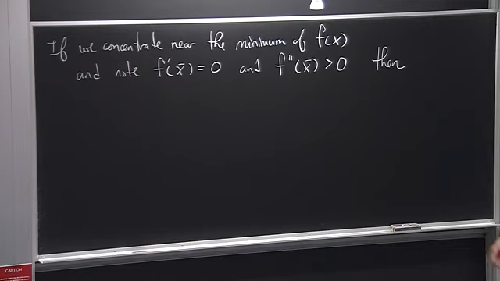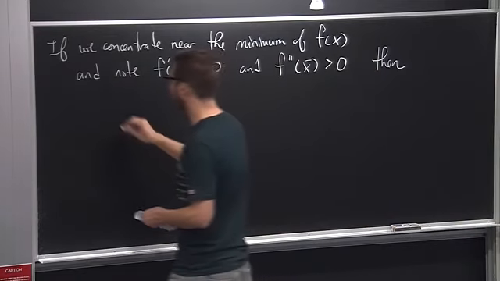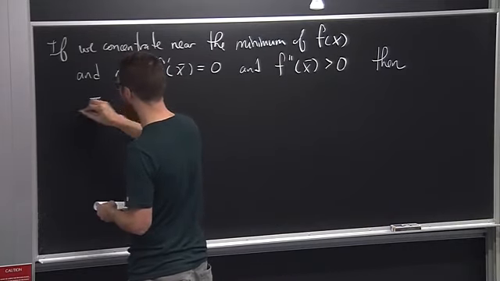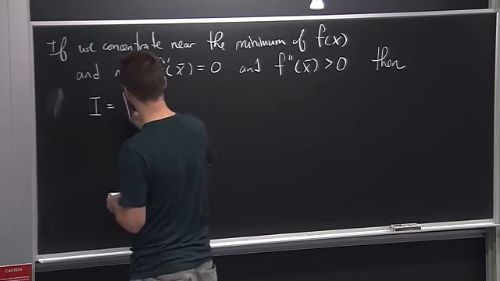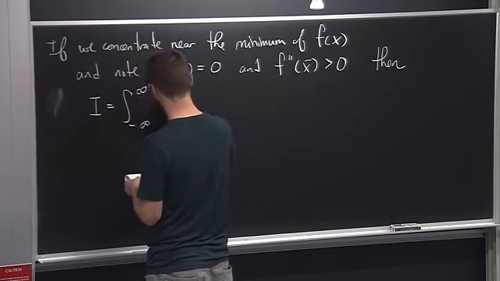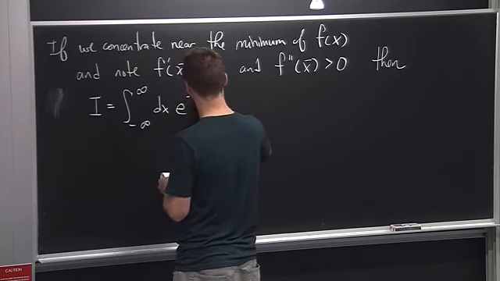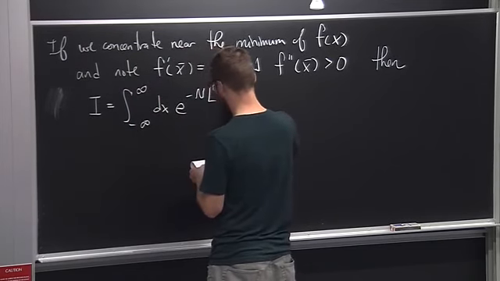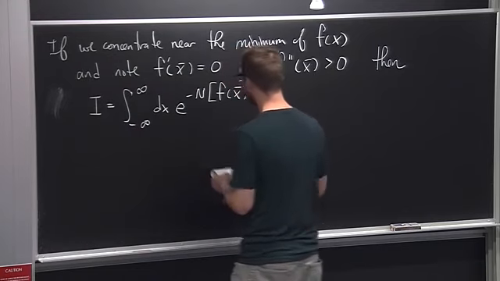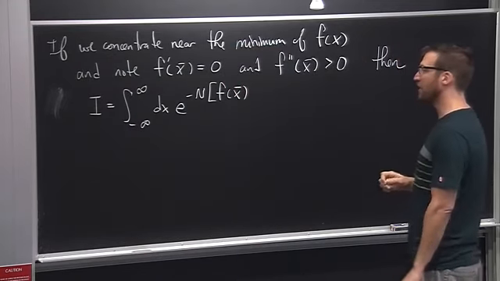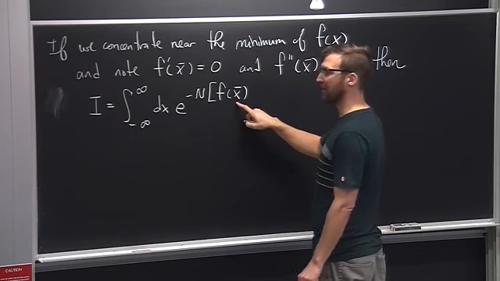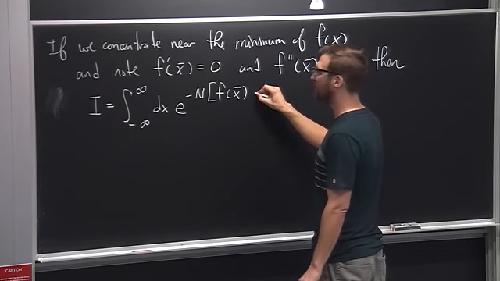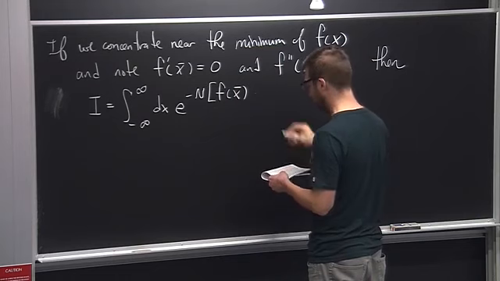Then we can take this integral and write it with the Taylor expansion. So just the value of f, the function at that minimum, x bar. My first derivative is 0.